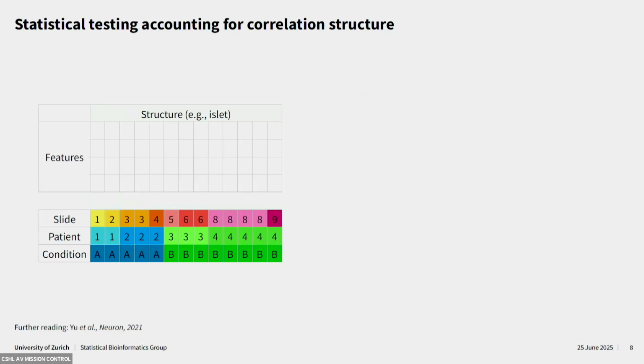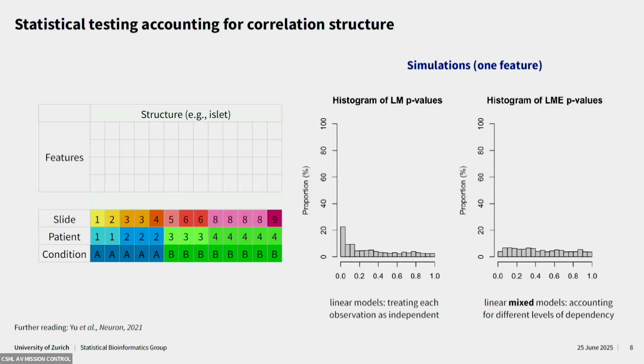The islet is our observation of interest. We often have multiple of these structures per slide, multiple slides per patient, and then multiple patients per condition. This is very important to be aware of, because if you treat each structure as an independent observation and you do feature-wise linear models to see if there are condition-specific effects, then you can have a problem. This is based on the data set that I showed.